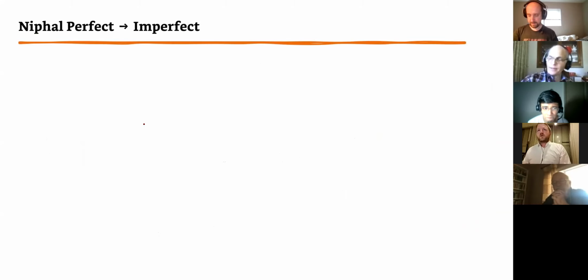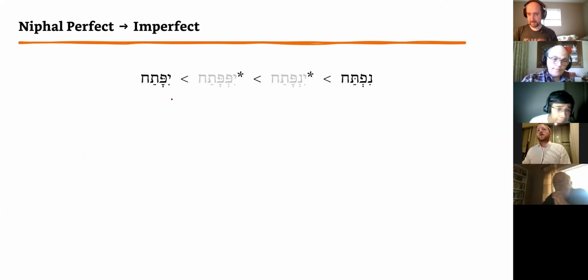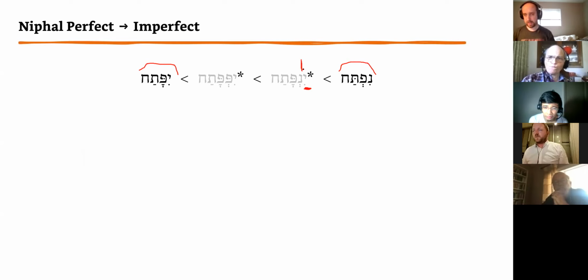Okay, so Niphal, perfect to imperfect. Let's look at this. We know that patach means open, so niftach means it was opened. To get to the imperfect form, we still have that nun infix, but with the yod prefix, the preformative, we've got yin-patach.